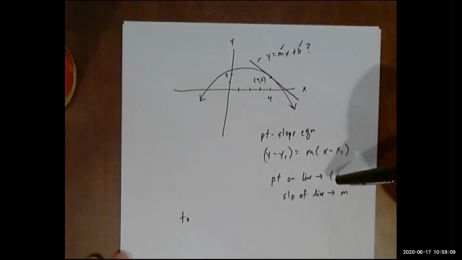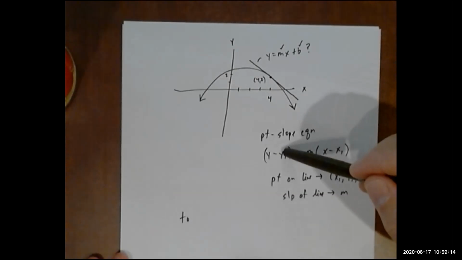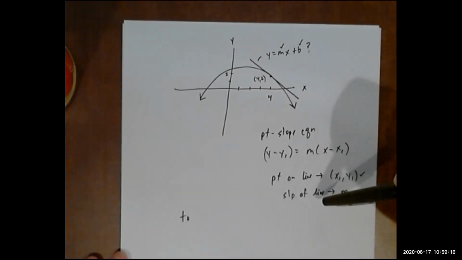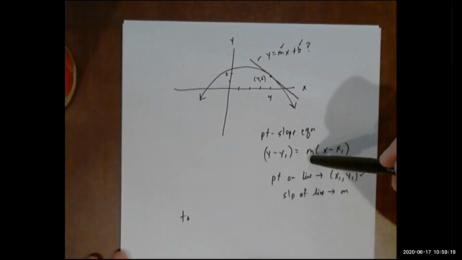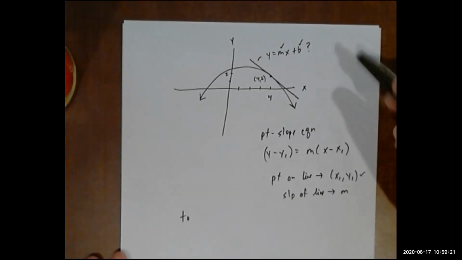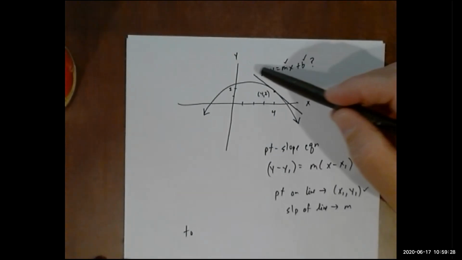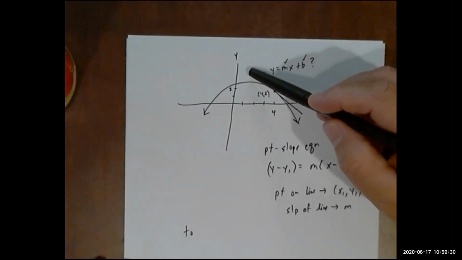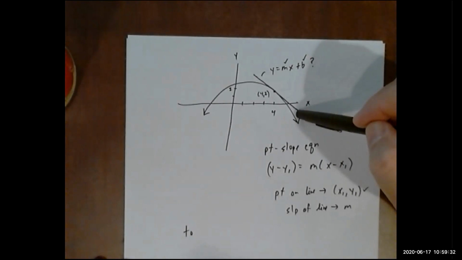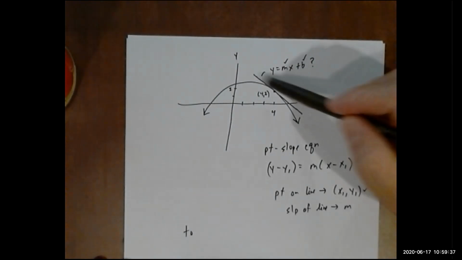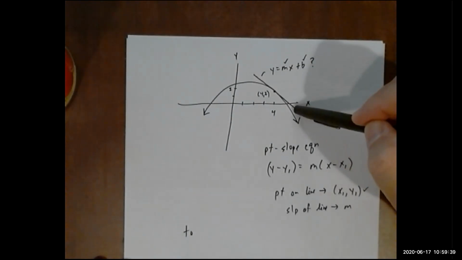Whatever point you're given, you plug in x1 and y1, and then you plug in the slope of the line for m, and at this point, you have everything you need to find the equation of the line. So for this kind of problem, we need a point on this line, and we need to know the slope of this line.